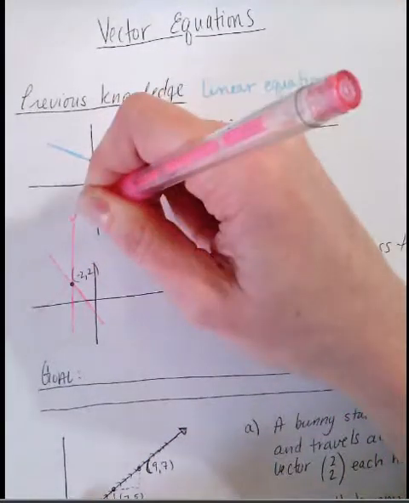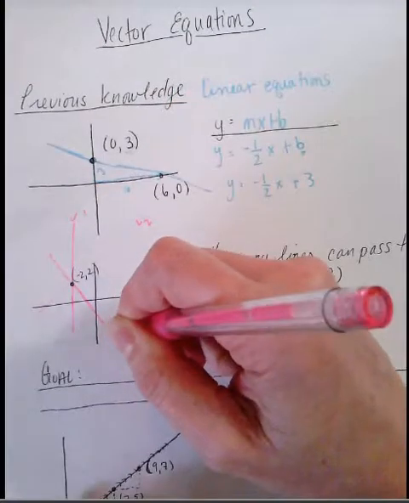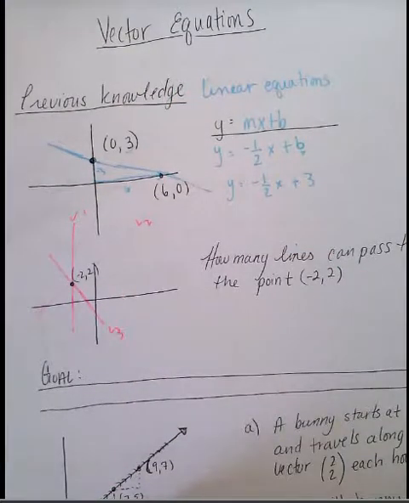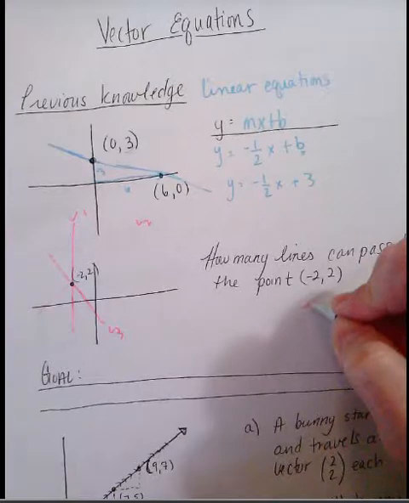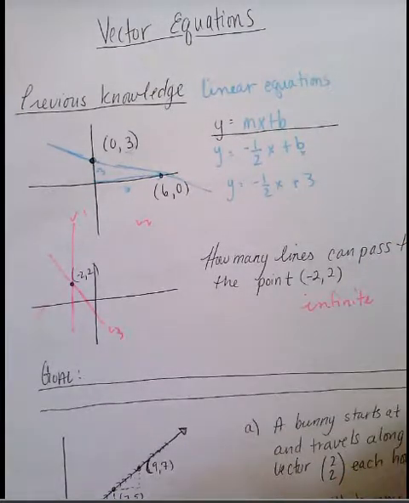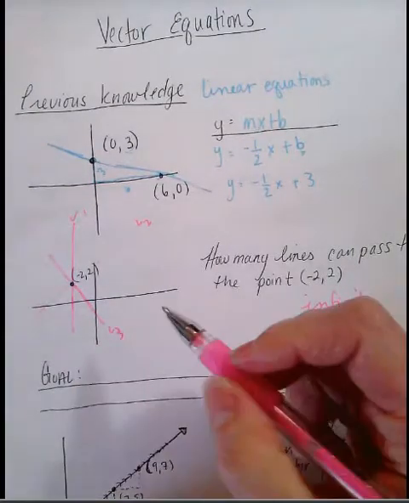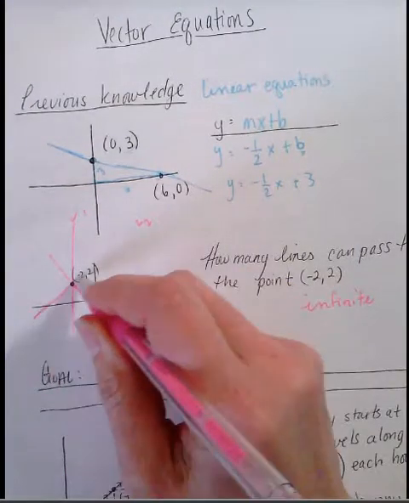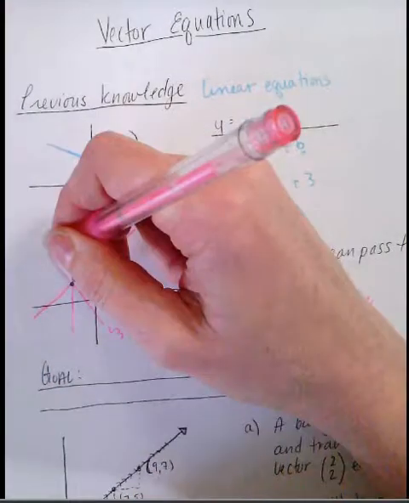So there's an infinite number of lines that can pass through that point. So we want to know, for this point, if I was moving along the trajectory, what would the line be that represented the trajectory and the location of the point?